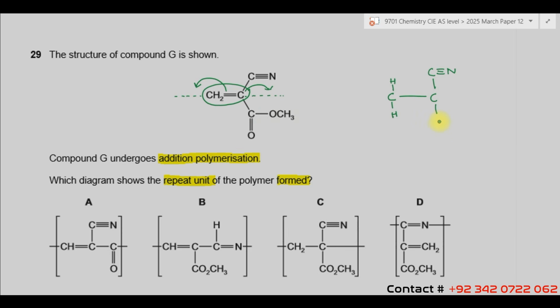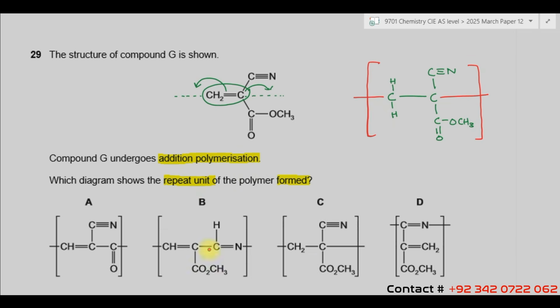This is also a side group. A new bond is going to be formed on the left side, a new bond is going to be formed on the right side, and this shows the repeat unit.